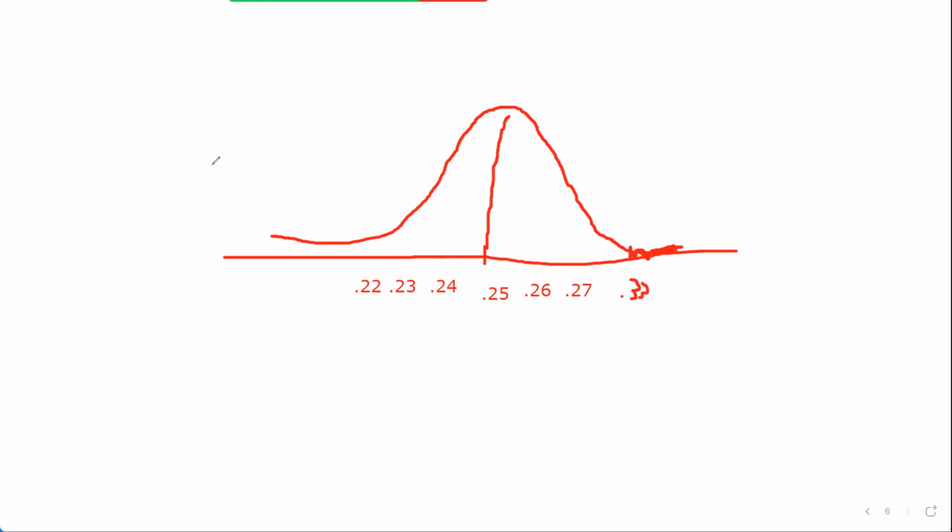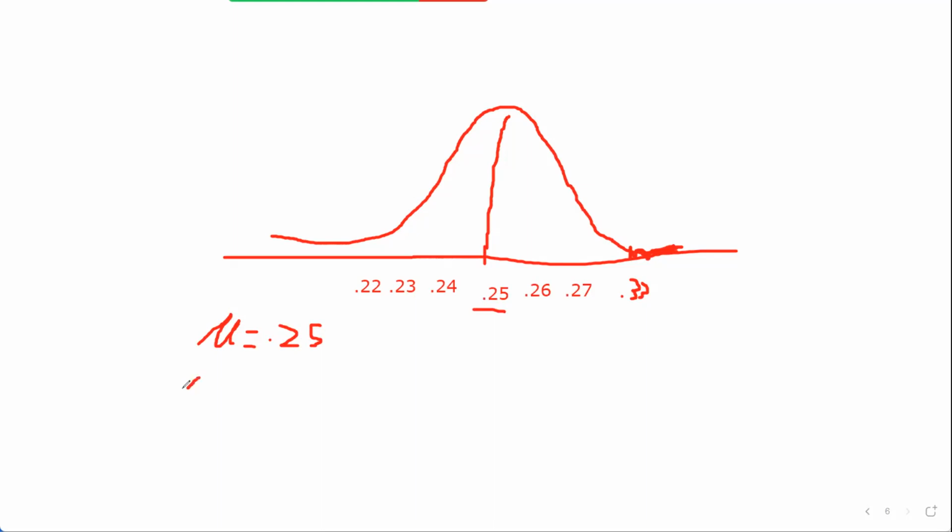Now here's the deal. Just to remind you, because this is where the method, it won't mess you up, but you have two ways of doing it. Mu is 0.25. Okay? Because this is not a standard normal. This is a distribution of proportions. So our mean is here, right?